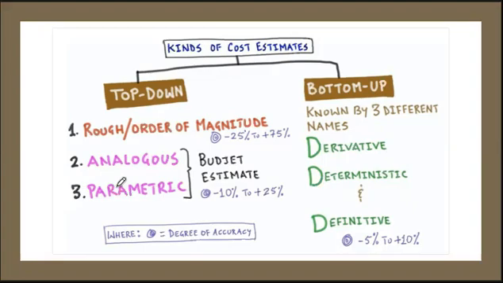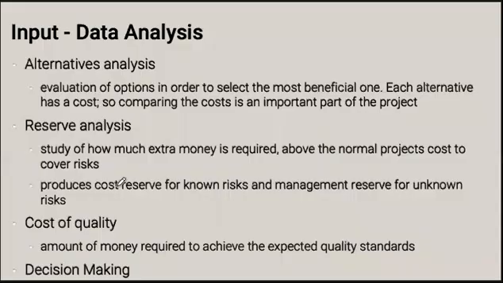And last, we're going to have to carry out some data analyses. So that's going to take a look at alternatives analysis. So alternatives for project work, like whether to use tractors or forklifts, whether to use 15-ton lorries or 40-ton lorries, whether we want to use machines or laborers, or making something in-house or outsourcing it.